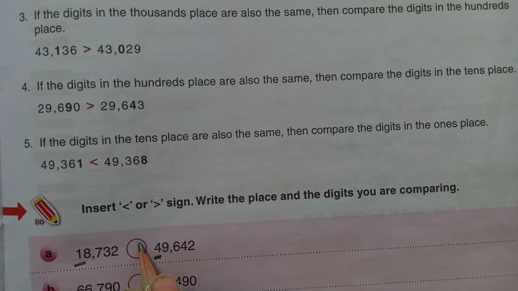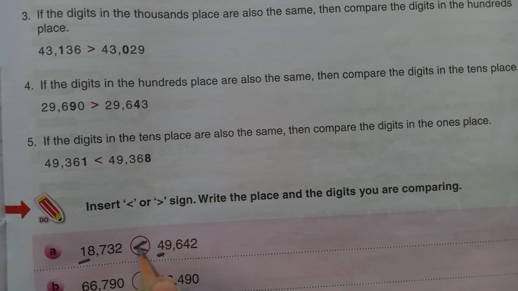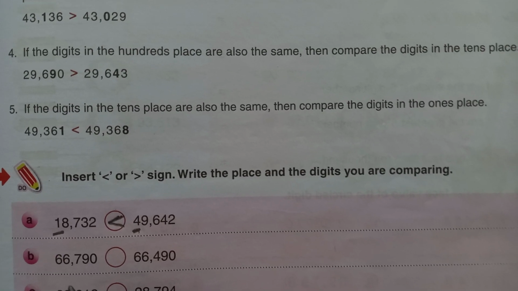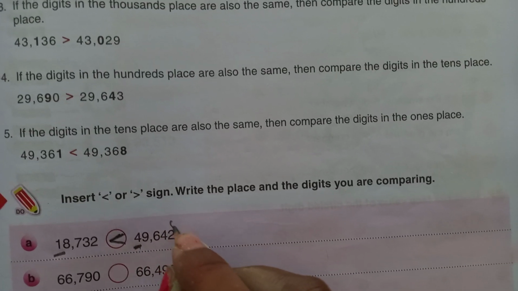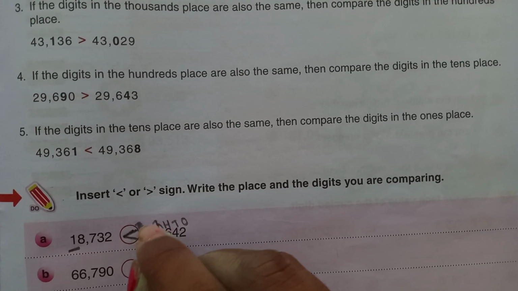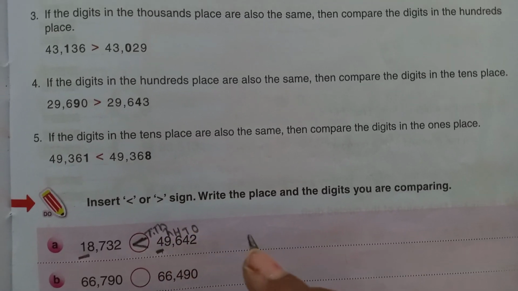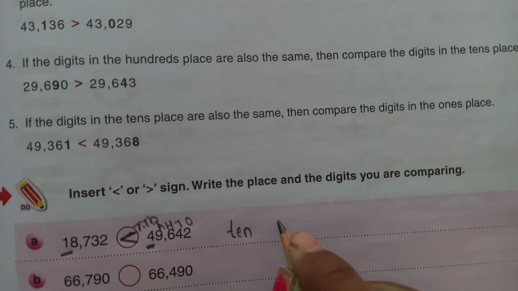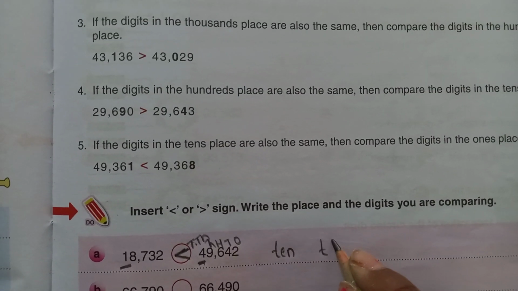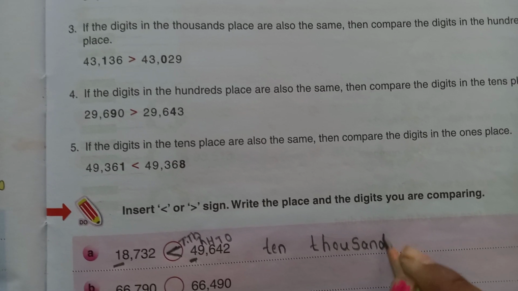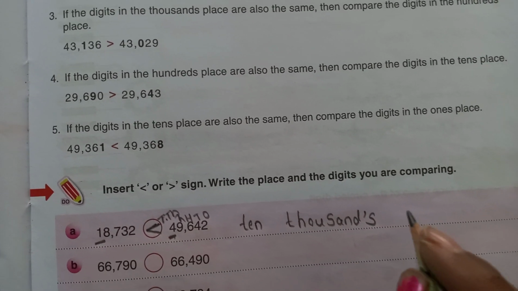So we had to insert the sign such a way that the sign mouth is open towards the bigger number. Which place is this? This is the 10,000 place. So write it as 10 thousands.